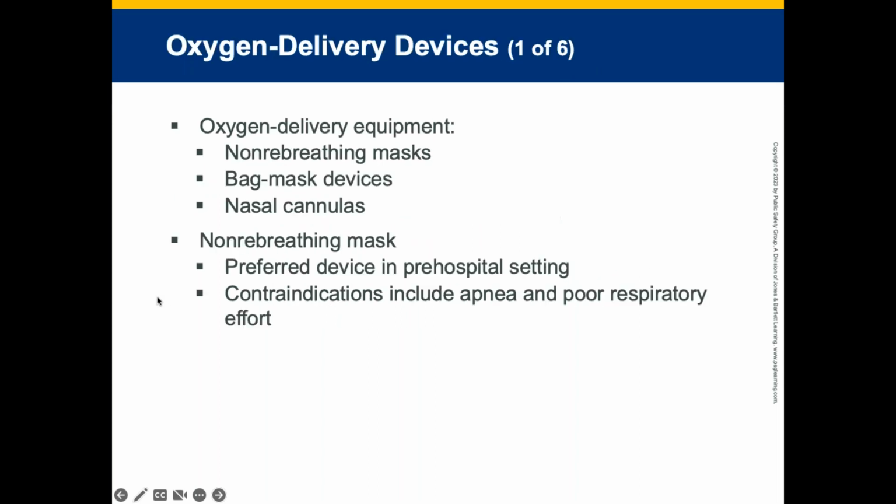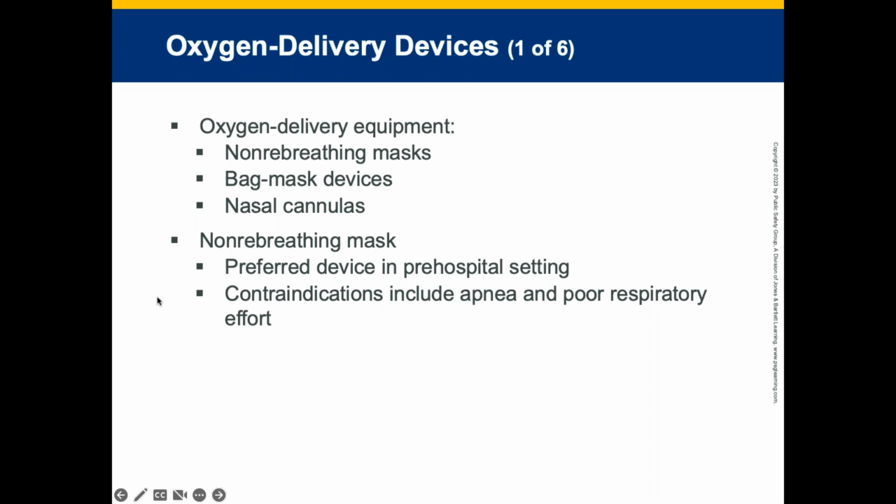So there are different delivery devices. There's the non-rebreather mask, a mask with a bag below it that you want to fill at 10 to 15 liters per minute, which provides 90% oxygen. You have your bag valve mask, which goes over the patient's nose and mouth, providing 100% oxygen, and you have nasal cannulas that deliver 22 to 44% oxygen when run from 1 to 6 liters.